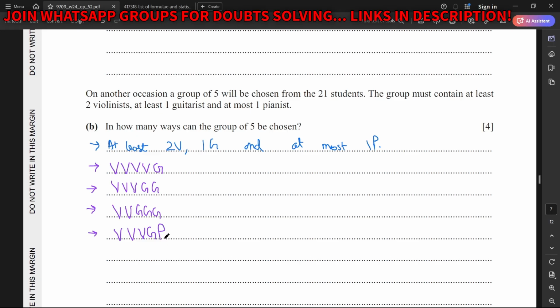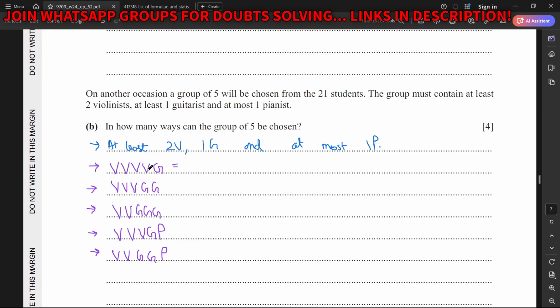So I have this formation as well. And then the other formation that I can have is only 2 violinists, then 1 guitarist. I cannot have 2 pianists because at most I need to pick only 1 pianist. So I'll have 1 more guitarist and a pianist. Are there any different ways through which I can get these things done? No. So now based on this, let's form the combinations and then we can add them together.